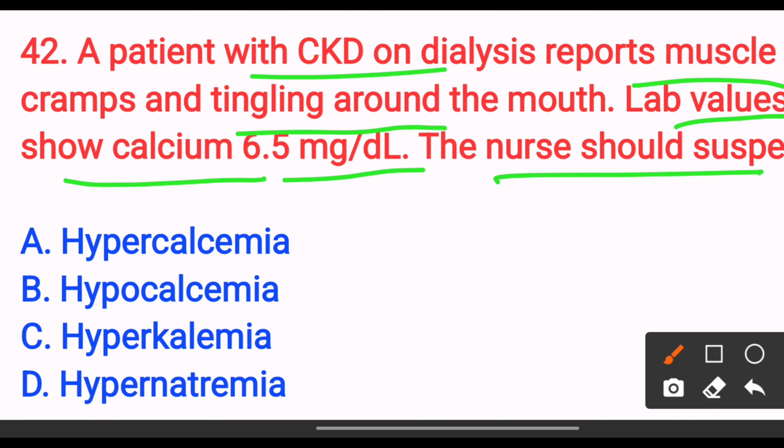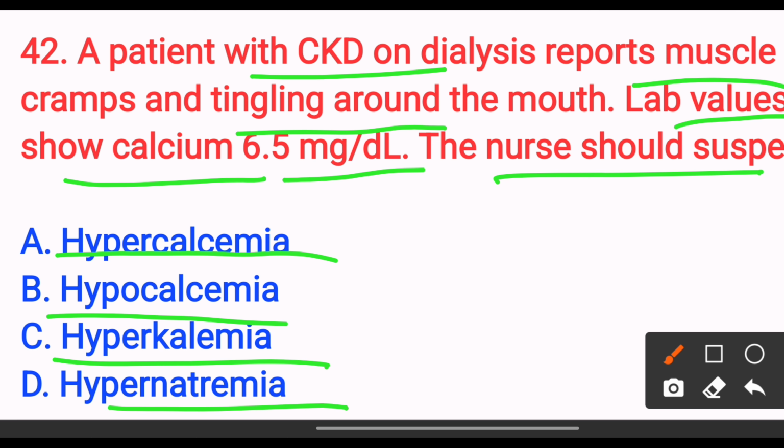The nurse should suspect: option A, hyperglycemia; option B, hypocalcemia; option C, hyperkalemia; option D, hypernatremia. The answer is option B, hypocalcemia, because CKD patients often develop hypocalcemia. Some signs are tingling, tetany, and muscle cramps.